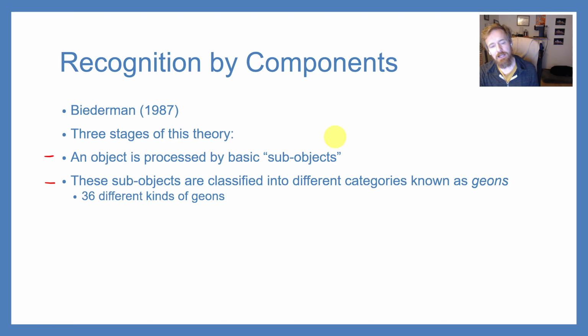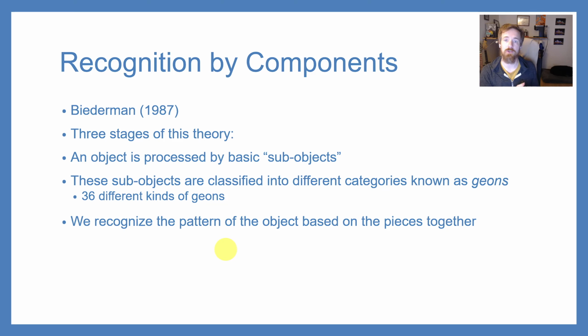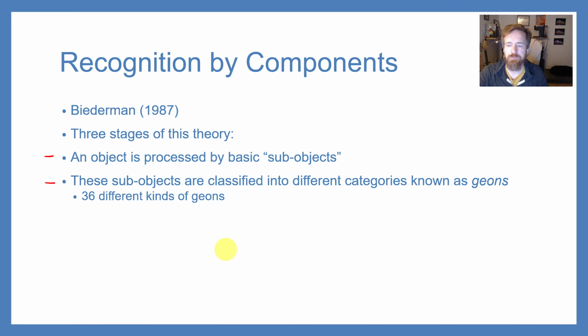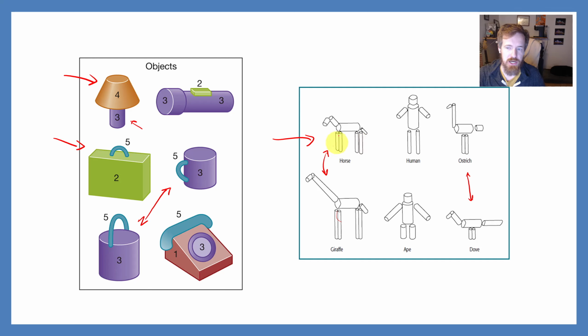And then the final step is that we are going to recognize the pattern of that object based on its relationship with other geons in that array. So to back up here, again, we recognize that this is a horse compared to a giraffe because there's not one geon here that's really, really long, right?